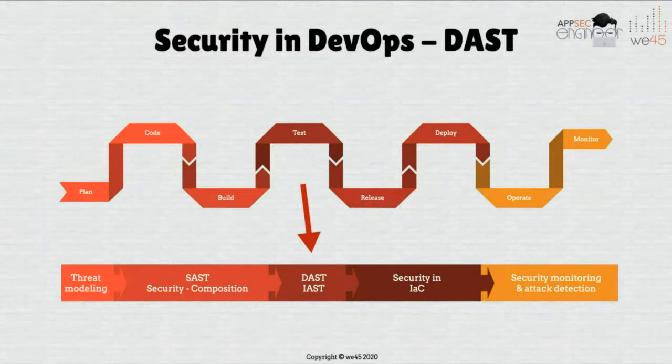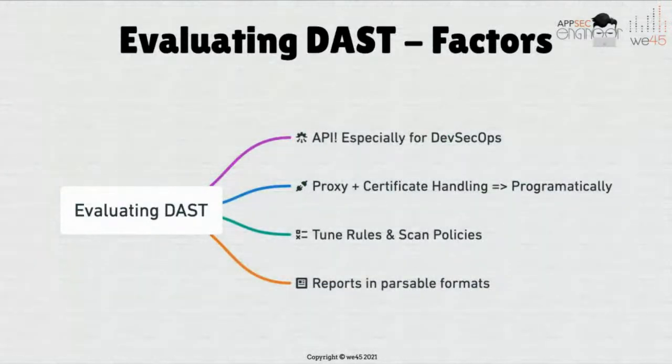But when you have DevSecOps in mind, or when you want to actually implement DevSecOps, look for really good mature APIs, right? Because you are going to be automating this tool, ensure that the API is mature and well developed, because the integration is going to be pretty important. If you can additionally handle the entire proxy mechanism and the certificate handling programmatically, that's a great additional bonus.